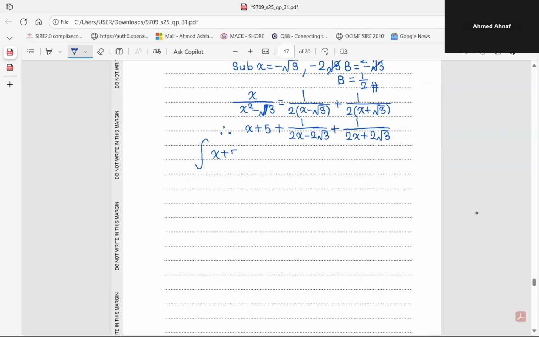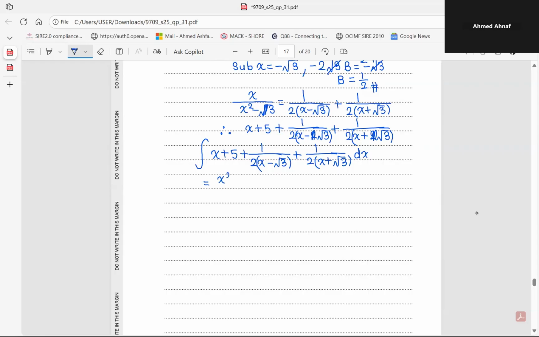So x plus 5 plus 1 over 2x. Okay, never mind. Let's just keep it unexpanded. Plus 1 over 2(x plus square root 3) dx.